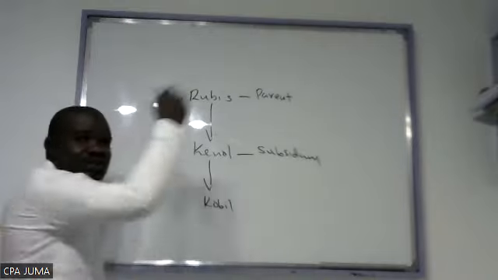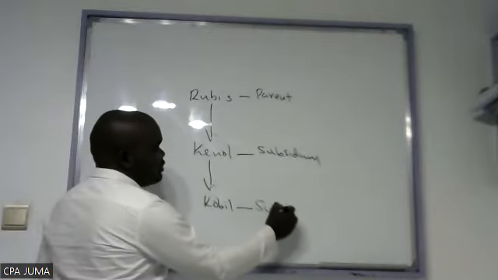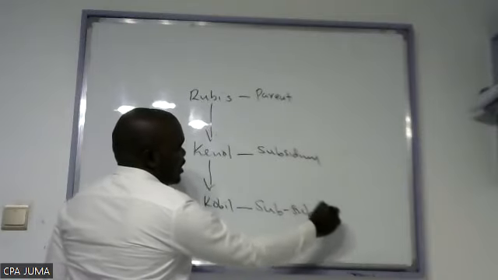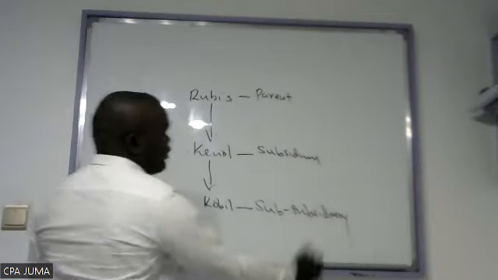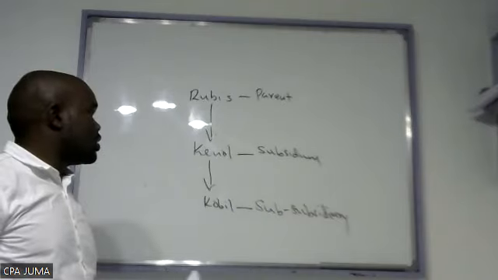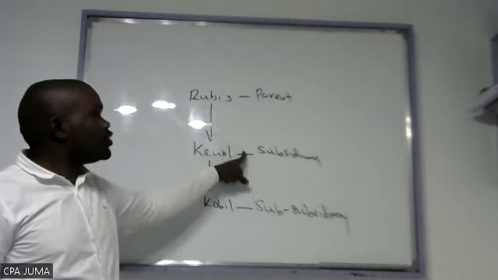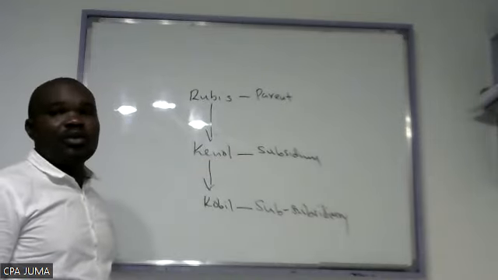But now in the Rubis group, this one becomes the sub-subsidiary. From the definition, a sub-subsidiary is a subsidiary to one of the subsidiaries within the group.